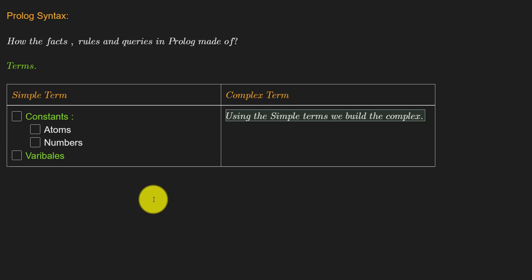Those are nothing but complex terms. Now if we start with how to define atoms, numbers, and variables first, we'll get a fair idea about how we can define a complex term as well. And where we use atoms, where we use numbers, and where we use variables will also become clear.